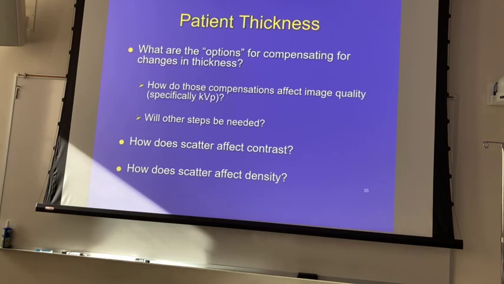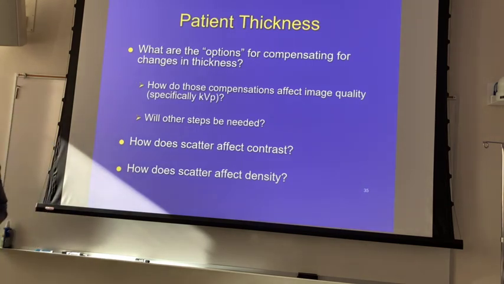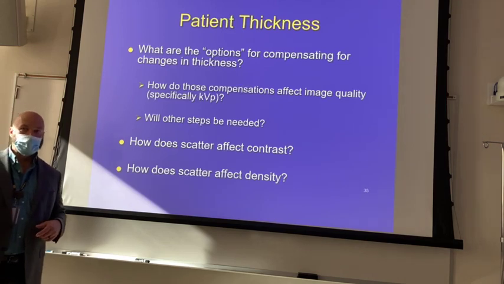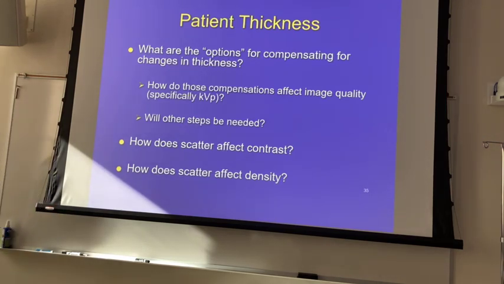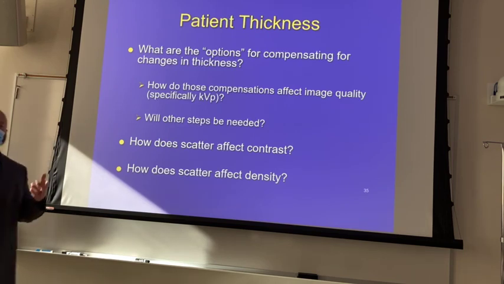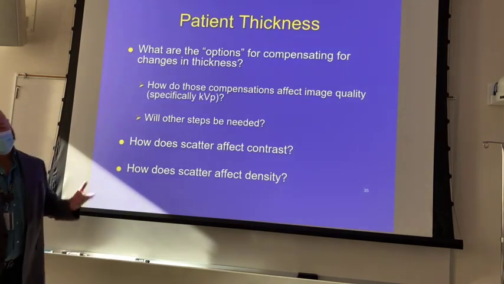So what are the options for compensating for changes in thickness? We talked about that. kVp or mAs predominantly. So the possibility that increasing kVp is going to affect your image quality is there, right? Because with the increase in kVp, you get an increase in scatter production, you get an increase in scatter penetration, and therefore you have the possibility of a reduction in contrast.